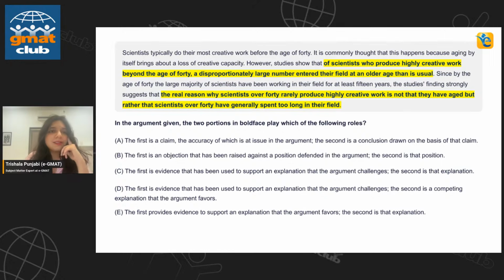Tell me, you guys, what does since mean to you? Quickly, what does since mean? Since is a premise indicator. So since is basically saying, okay, because blah blah blah, hence this, right? So since is like basically a premise.